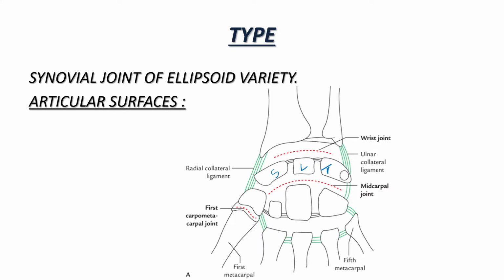I repeat, the carpal bones which take part in forming the wrist joint are the scaphoid, the lunate, and the triquetral bone. In the proximal part, the articular surface is mainly formed by the inferior surface of the radius and the articular disc of the inferior radioulnar joint. So this is about the articular surfaces of the joint.